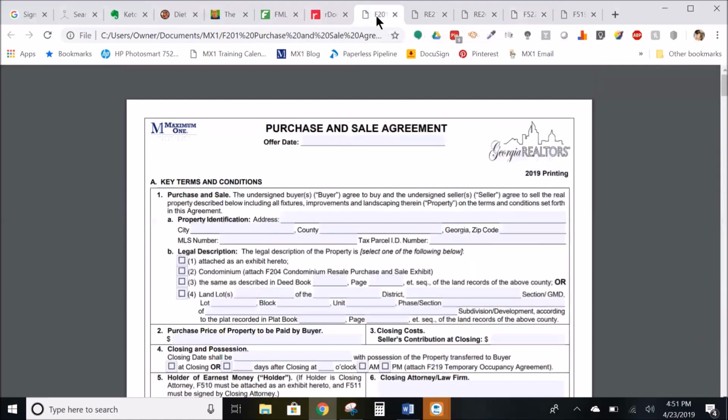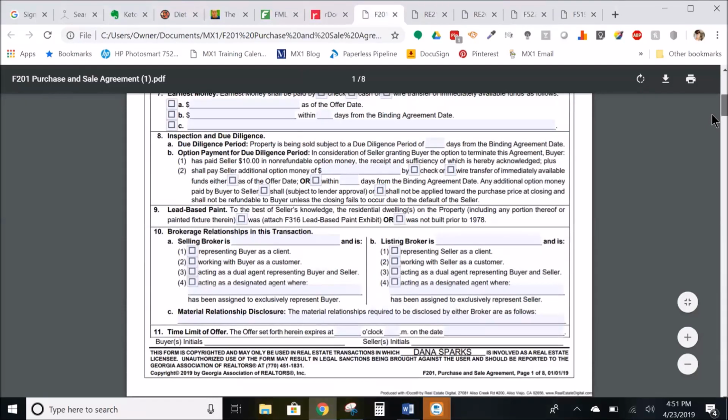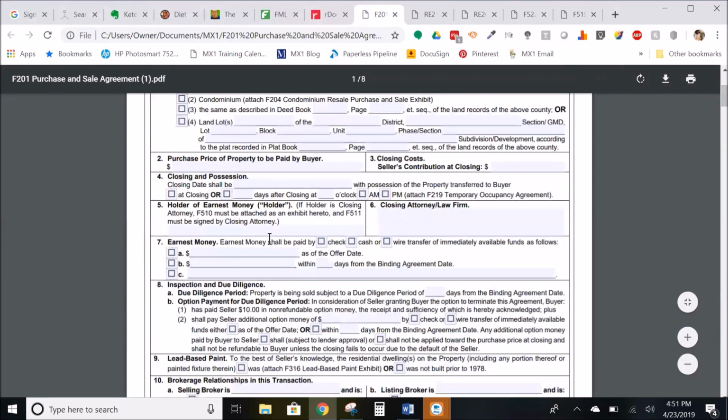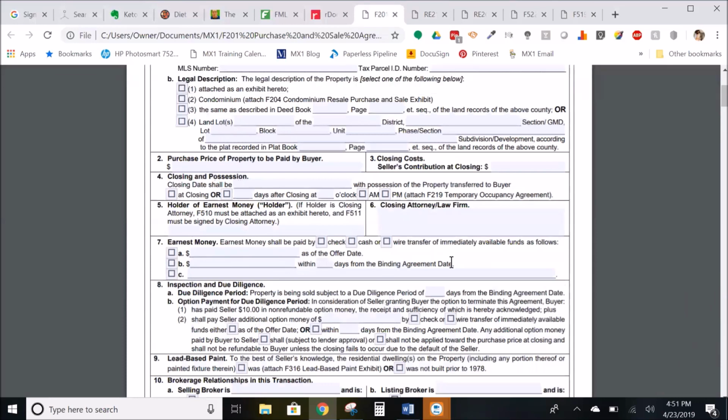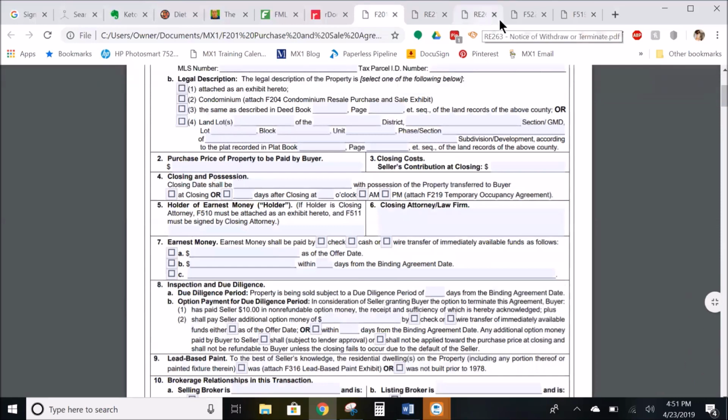So, for example, let's go back to a purchase and sale agreement. If you have the earnest money shall be paid, whatever form, and you check B, X amount of dollars within, let's say here we have 5 days of the binding agreement date. And then let's say the buyer actually terminates on day 2 from the binding agreement date.